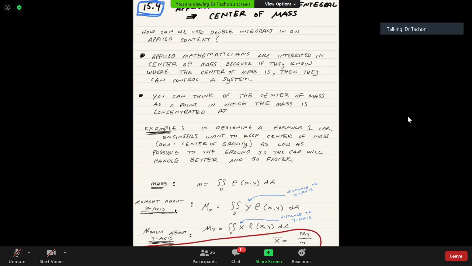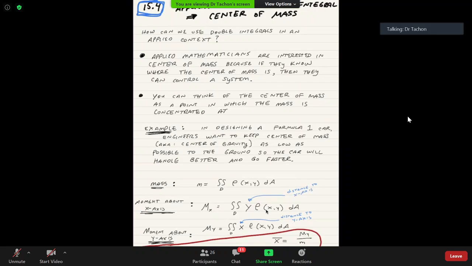For your moments, you're going to have your density, but you incorporate the y times the density. The y is there because you want the density relative to how far you are away from the x-axis. That's why you're multiplying it by y: your moment about the x is relative to the x-axis.